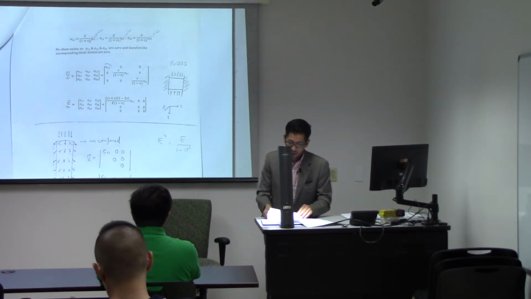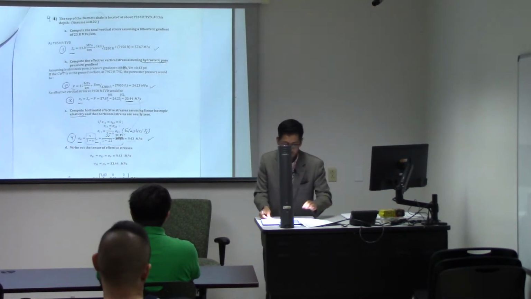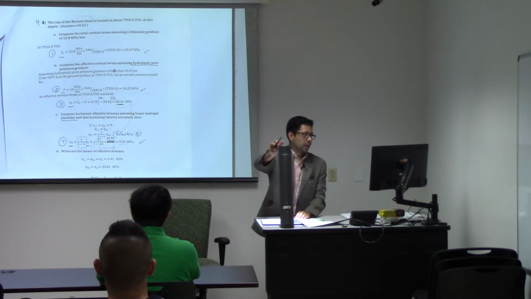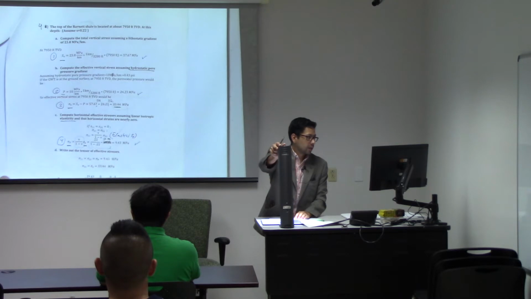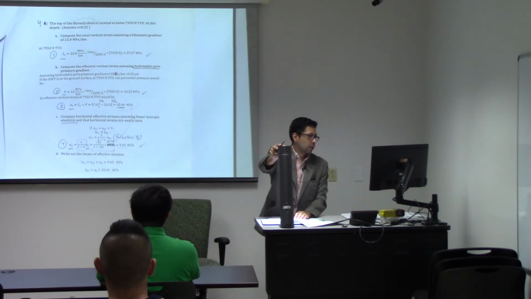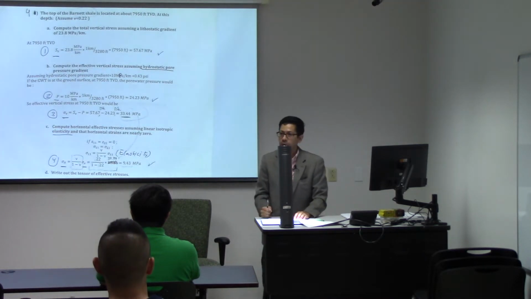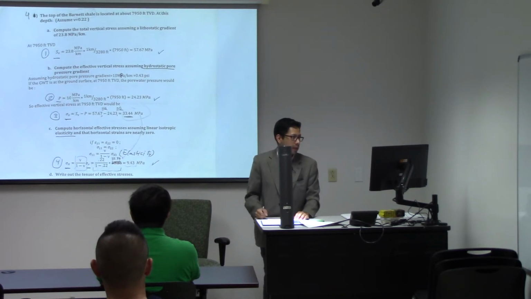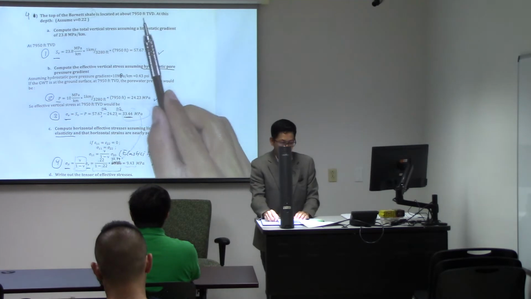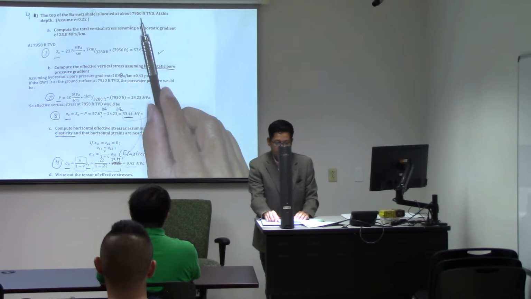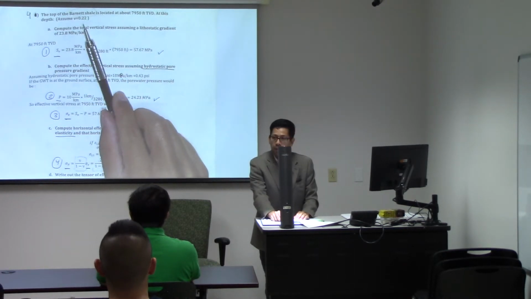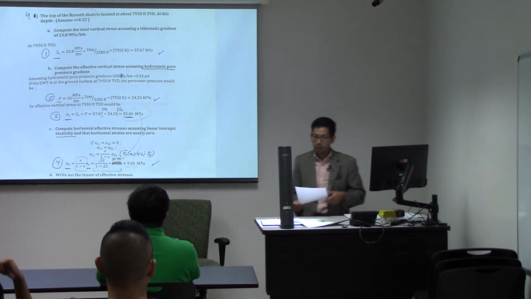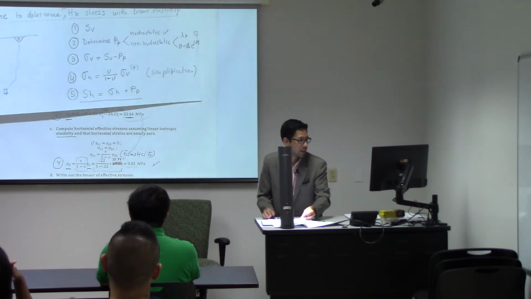Okay, and the last one is more of an application example. We use the same theory that we have used before, but now we want to calculate horizontal stresses in the subsurface. In this case, you know the total depth, you know the Poisson ratio, so you follow the procedure that we laid out some time ago.